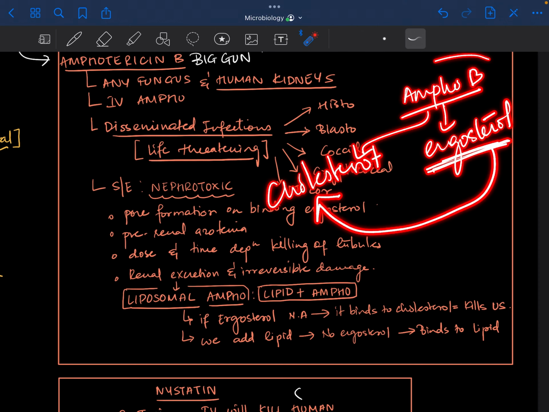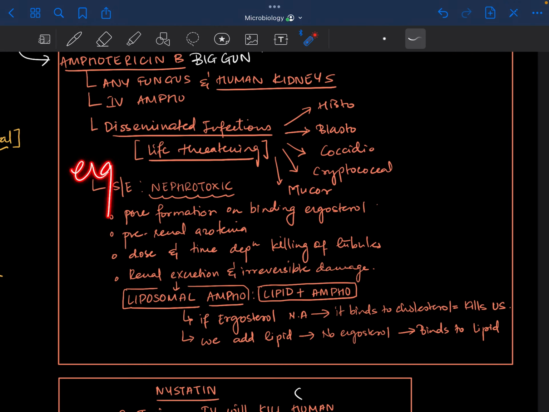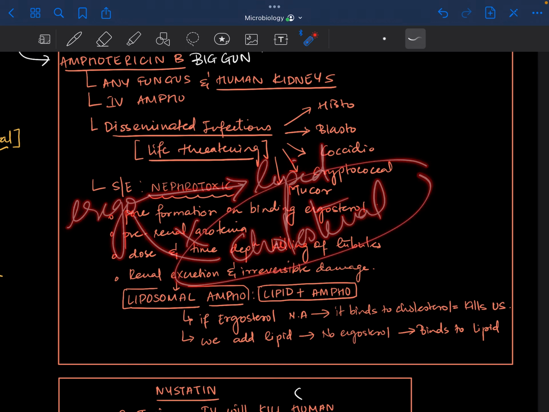So what we do is you bind amphotericin B to a third lipid. So this is called liposomal amphotericin. So if ergosterol is not there, the amphotericin will bind to a lipid and not to the cholesterol. And this will save our human tissues.